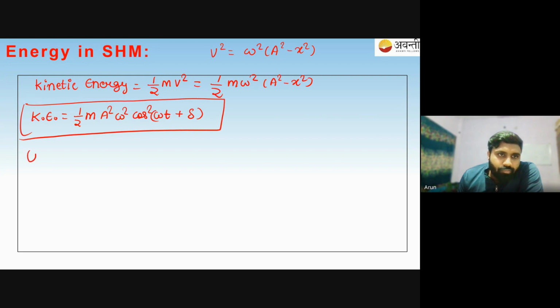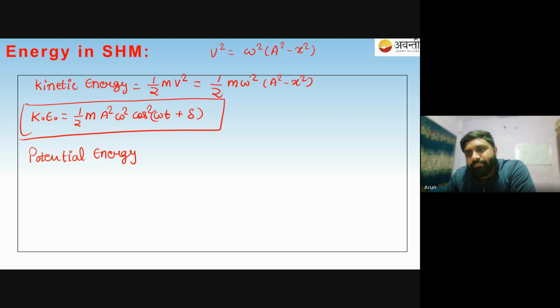If you talk about the potential energy, so potential energy for the spring block system, which is executing the SHM, will be 1 by 2 kx square.